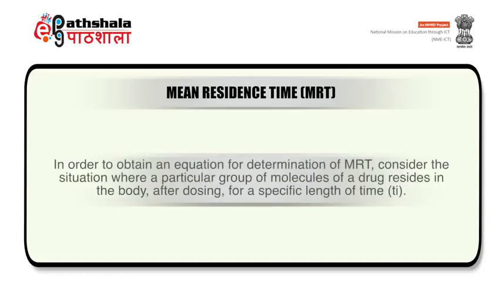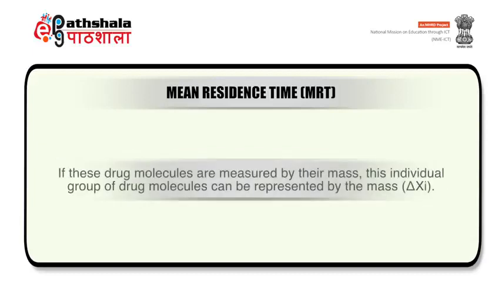In order to determine MRT, consider the situation where a particular group of molecules of a drug resides in the body after dosing for a specific length of time, that is Ti. If these drug molecules are measured by their mass, this individual group of drug molecules can be represented by the mass delta Xi.